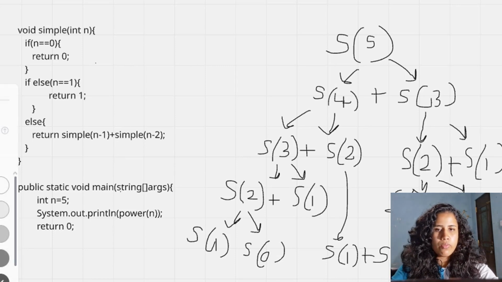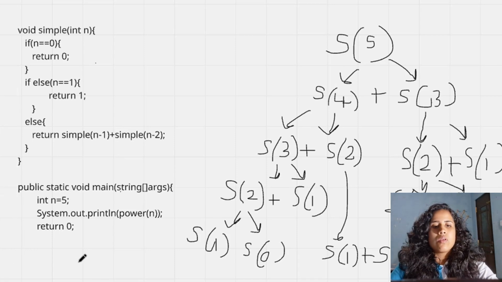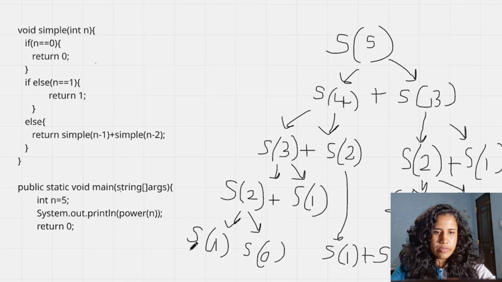So now what we have to do is for S1 it will return 1, for S0 it will return 0, which means it will give us 1 here, and here S1 is 1 and it will give us 2 for both of these, which means S3 is 2.